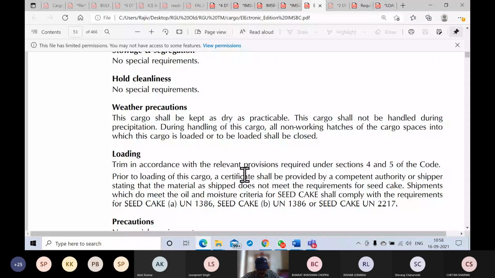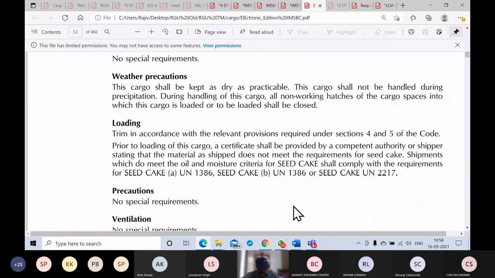Trimming is also required for this cargo, in accordance with the provisions of sections 4 and 5 of the code, which talk about trimming. So this is the requirement for this particular cargo, Alpha.